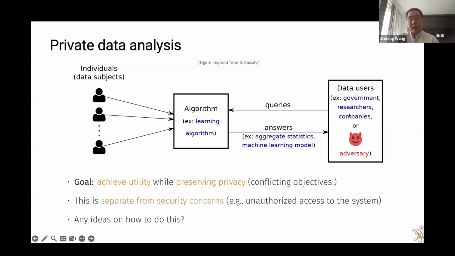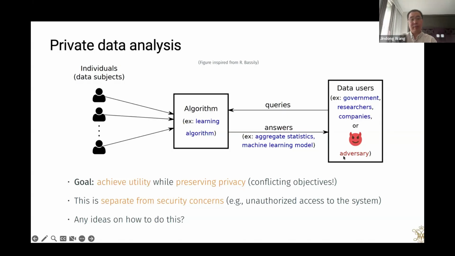And data users like the government, researchers, companies, or the bad guys, adversaries, are manipulating these online algorithms because most of the online platforms have public APIs that can be used to do web crawling and some promotion. So they can query the online algorithm, the platform, and then they get answers. For example, they get some aggregation statistics, they get some machine learning model, they can use your model to do something.